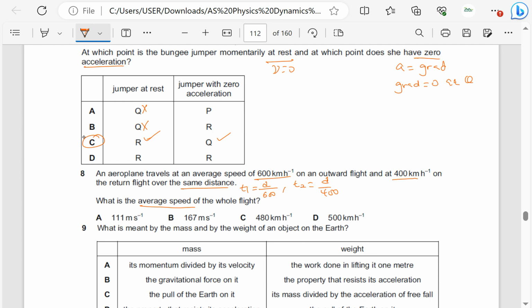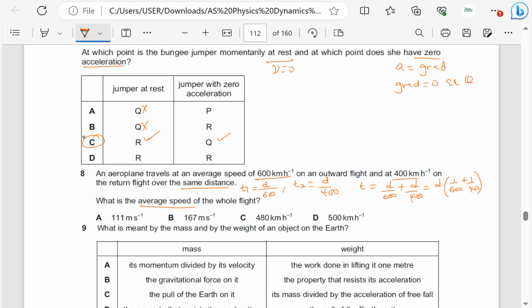So the total time is the sum of these two: t equals d over 600 plus d over 400, which is d times 1 over 600 plus 1 over 400.